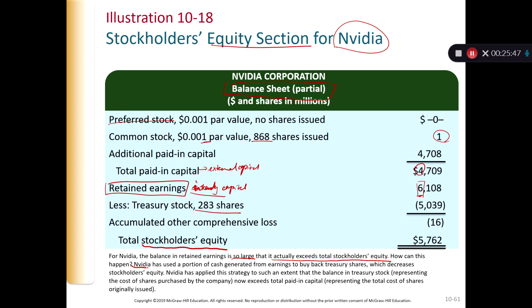This is because NVIDIA has used a portion of the cash generated from earnings to retire or buy back a very big chunk of the outstanding shares. Hence they have big treasury stock, right, for $5,000.